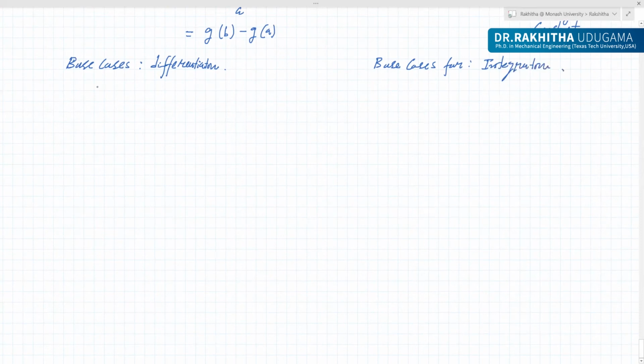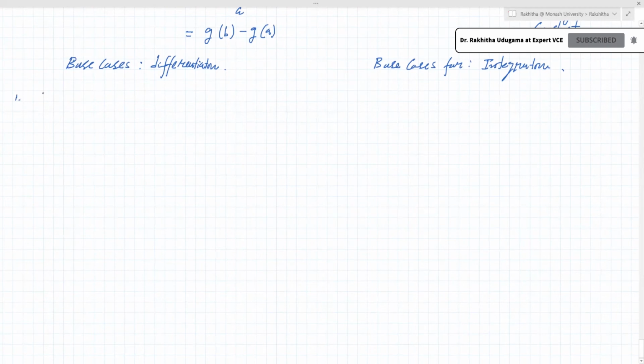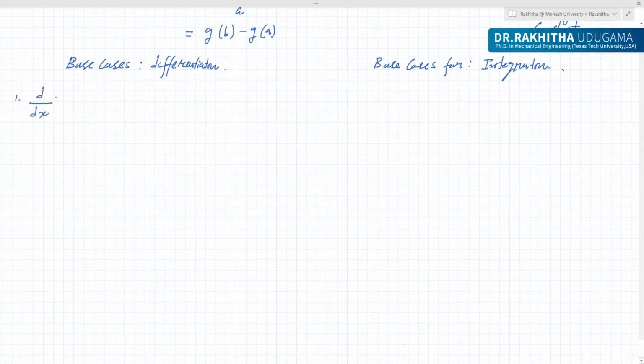Now the first base case would be d/dx of x to the power n, which would be n x^(n-1), right?